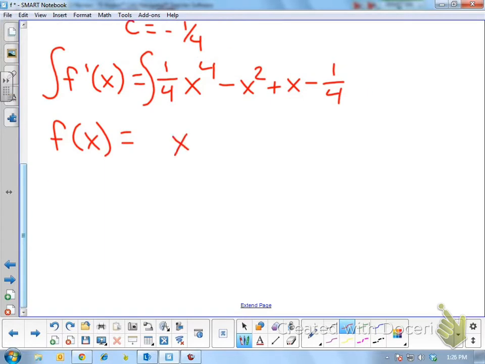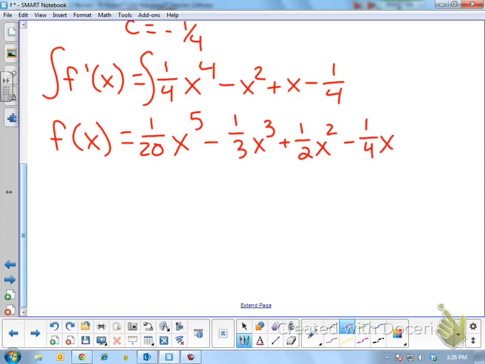Feels big since the number will be big, but it's really getting smaller. If we have x to the 5th, and I do 1/4 divided by 5, what is that going to give me? 1/20. It's the same thing as multiplying 1/4 times 1/5. Minus 1/3 x to the 3rd plus 1/2 x squared minus 1/4 x plus c.